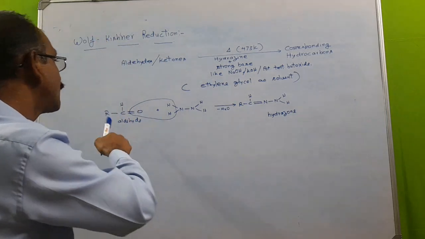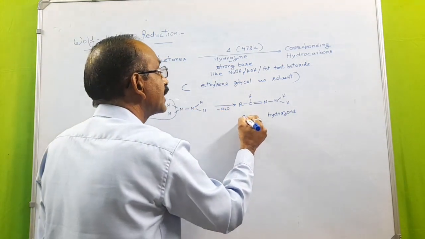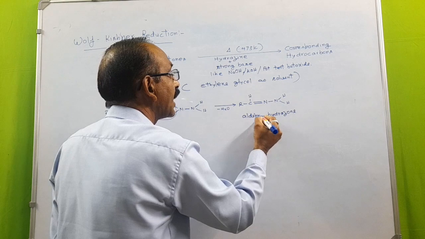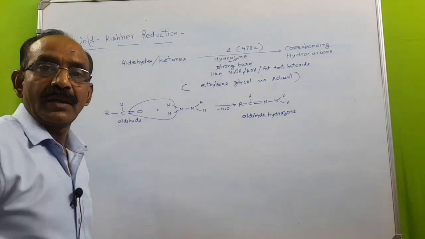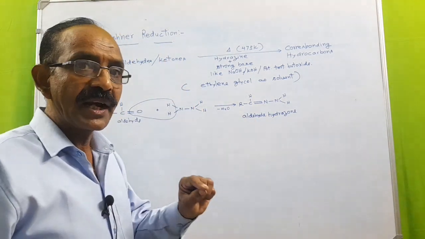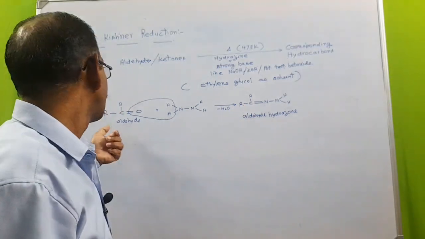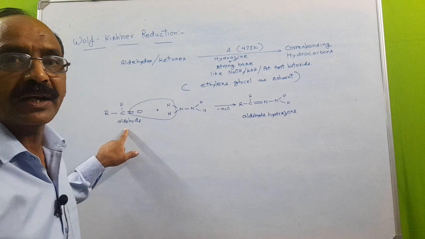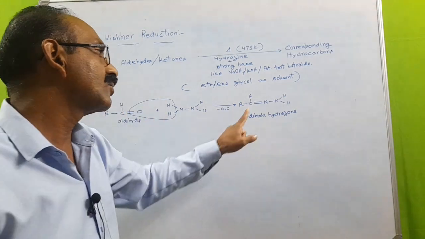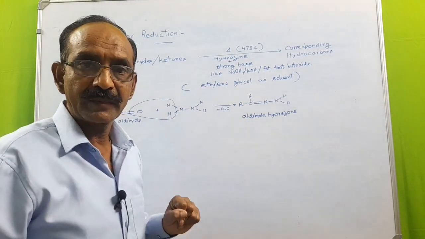Because this hydrazone is formed from aldehyde, it is aldehyde hydrazone. If our aldehyde is acetaldehyde, our hydrazone will be acetaldehyde hydrazone. If in place of aldehyde we are taking acetone, the hydrazone will be acetone hydrazone.